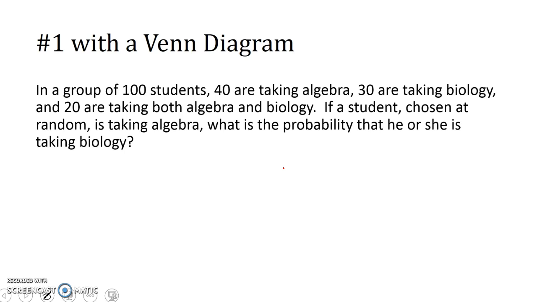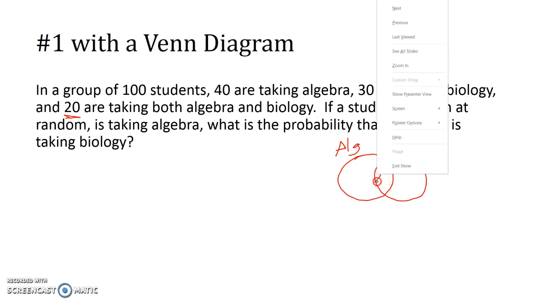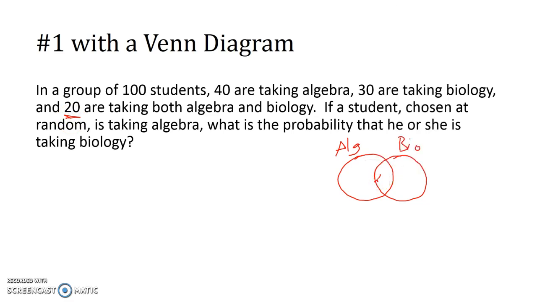So first of all, a picture of what's going on here. We're going to have a Venn diagram with, let's say that in this circle we have everybody who is taking algebra, and in this circle we have everybody who is taking biology. And we know that there are 20 that are taking both algebra and biology. So there's got to be 20 right here.